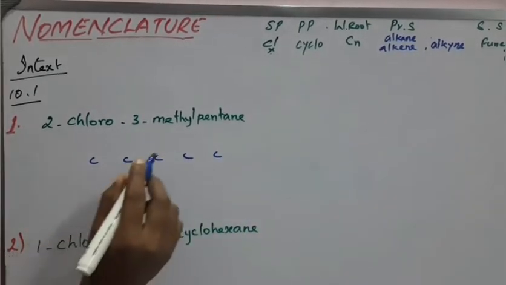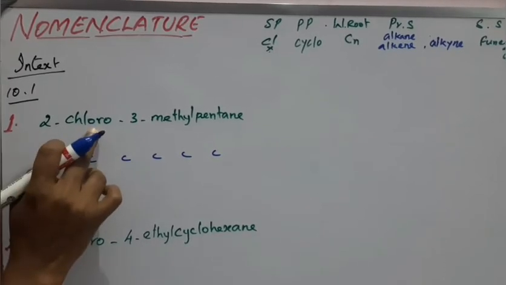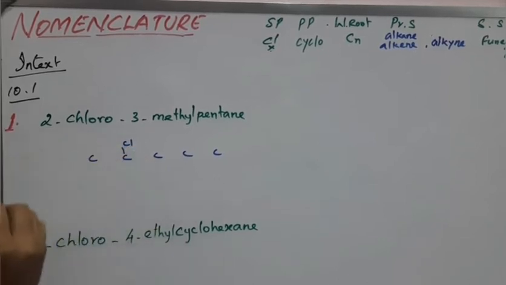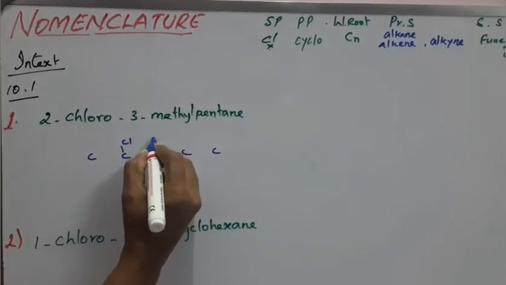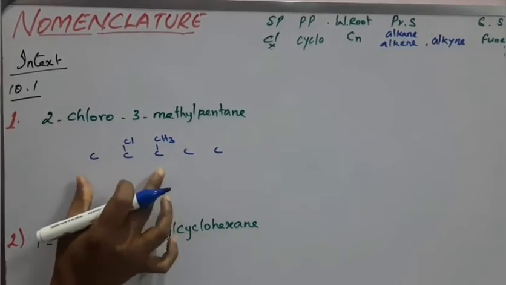Then 2-chloro means a chlorine is on the second carbon, and 3-methyl means a methyl group is on the third carbon. After that, fill in all the hydrogens.